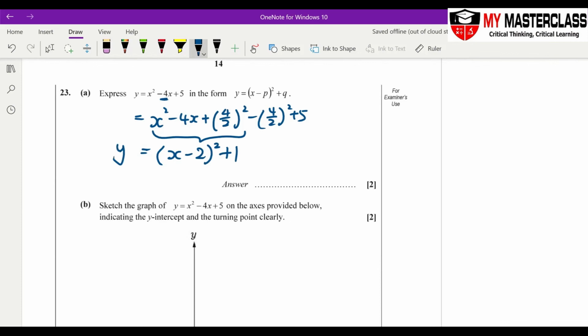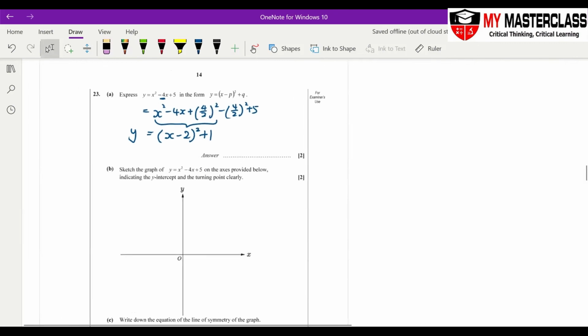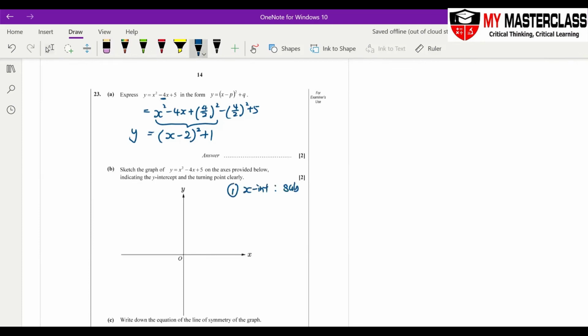If I want to draw a graph, first thing, you must always find the x-intercept. X-intercept, Isabel, sub what? Y equals 0. Okay, but in this case, it's not possible because you see x minus 2 squared plus 1 equals to 0. At this point, you must know that there's no x-intercept already, because a square number is always positive.